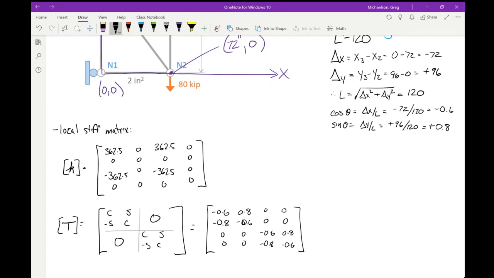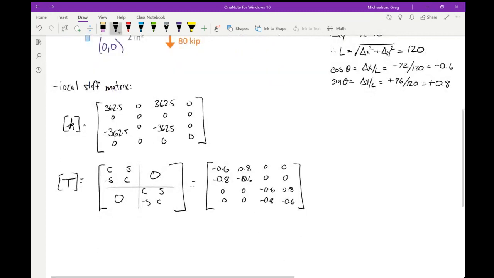So we've got our K matrix, we've got our T matrix, and then all we have to do is plug that into Excel. Just say, you know, T transpose times K times T.